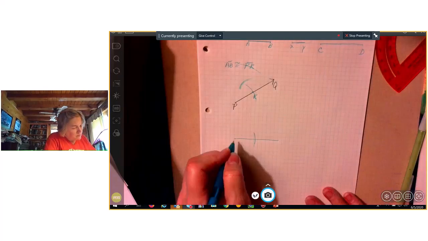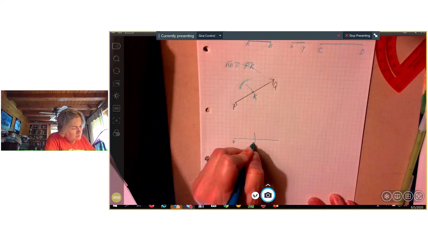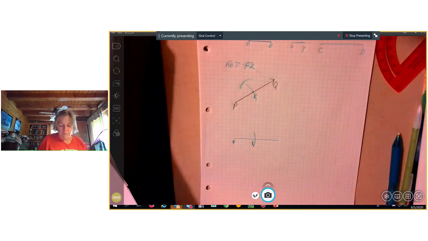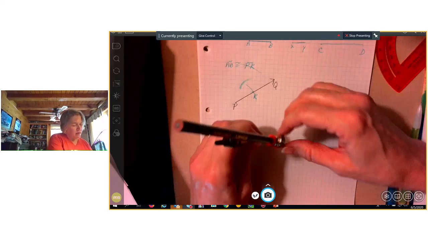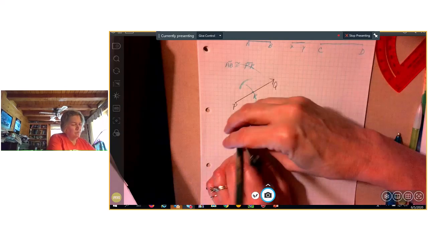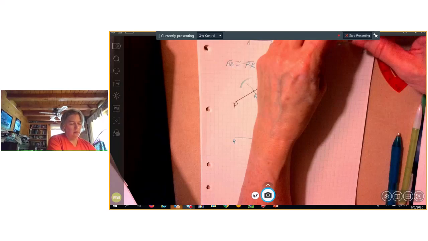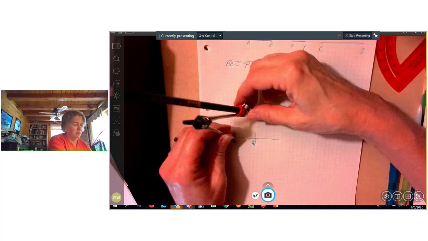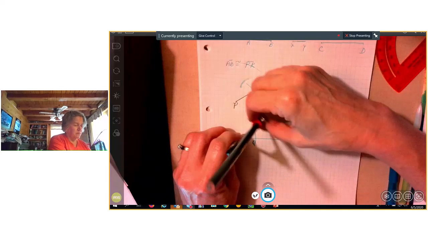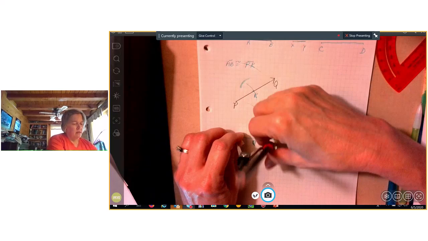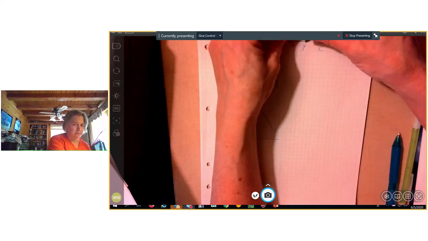So this is going to be PQ. If we go to the end of PQ, let's draw our CD line at the end of P. Then let's go to XY and measure XY.